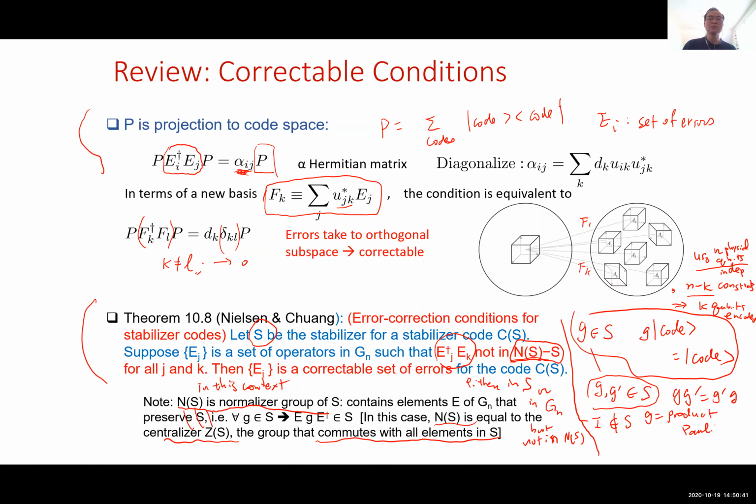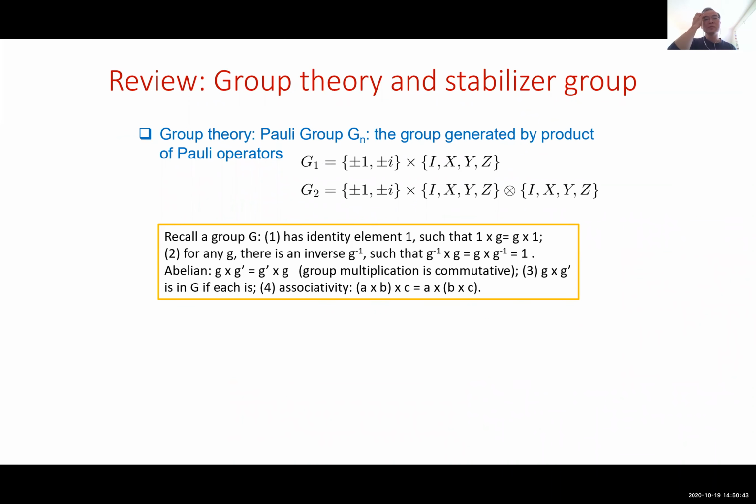Okay. So yeah, maybe I should mention the group theory. The group theory needed is really minimal. The Pauli group, let me mention again, is really just products of Paulis, and it could have plus or minus 1, plus or minus i coefficients. That would also need to be included in order to form a group.